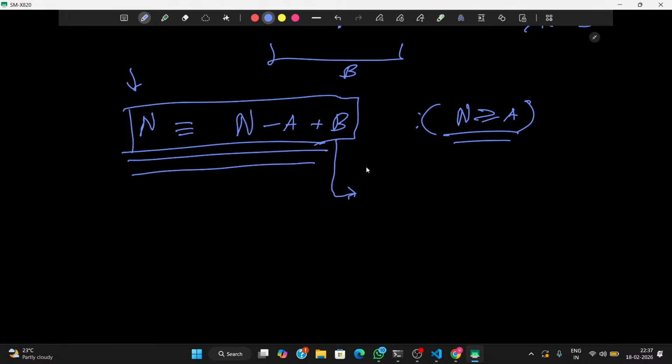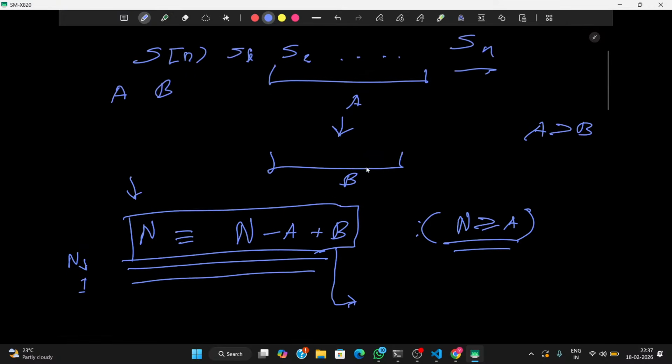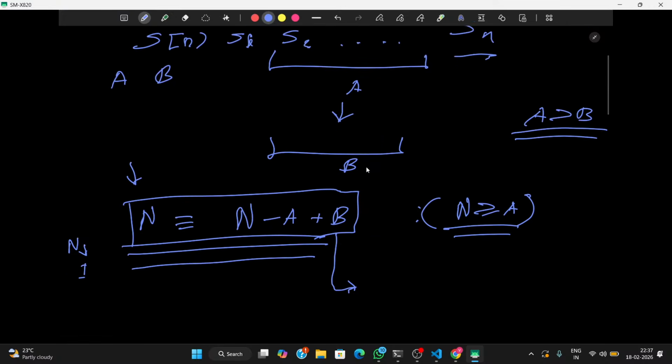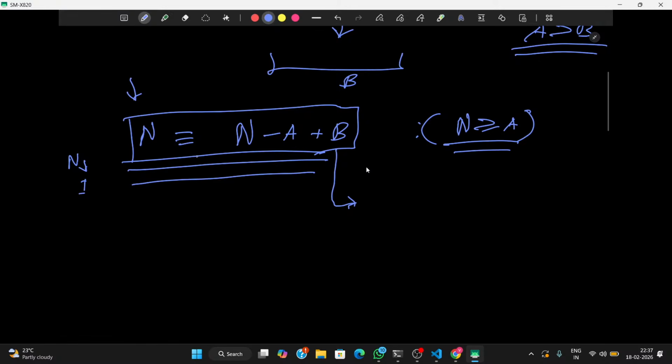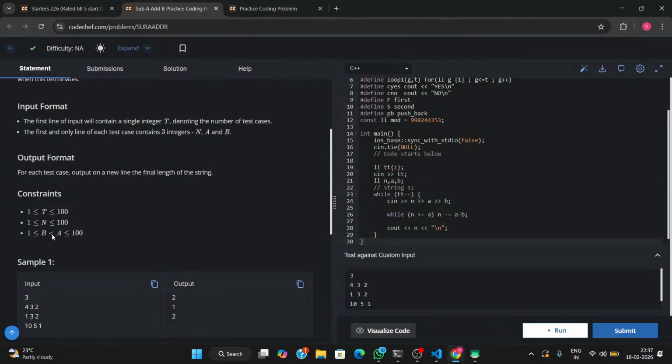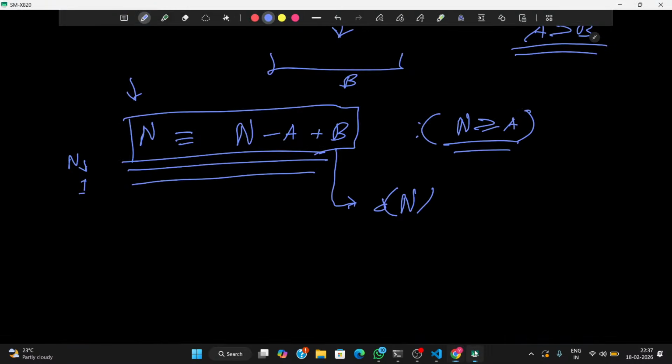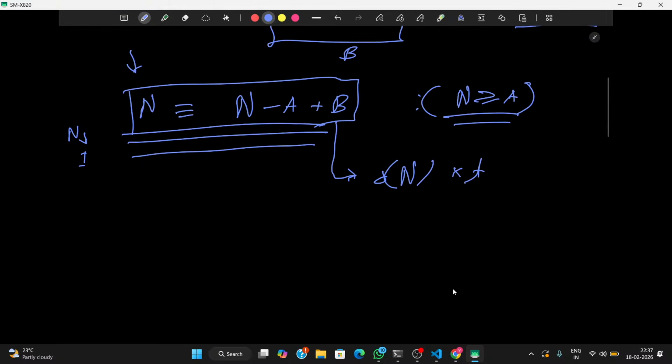In one operation n decreases by at least one, as we have seen, so n decreases for at most n times, O of n. This will be O of n operations times the number of test cases, as n is not restricted on test cases. This is a very simple brute force solution.